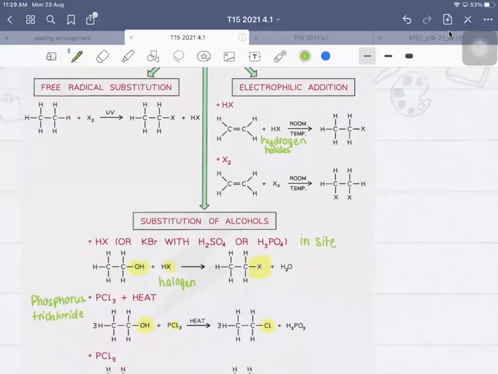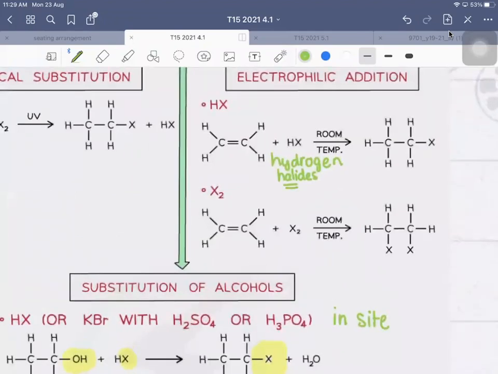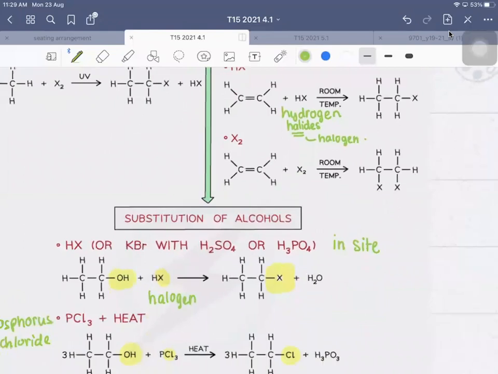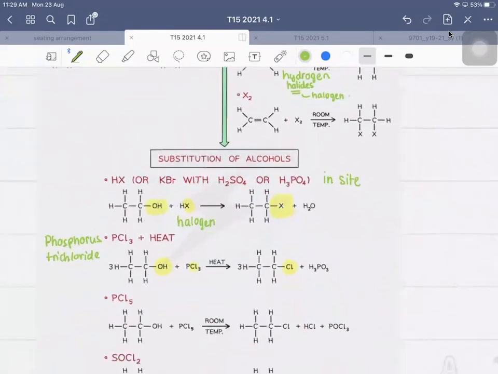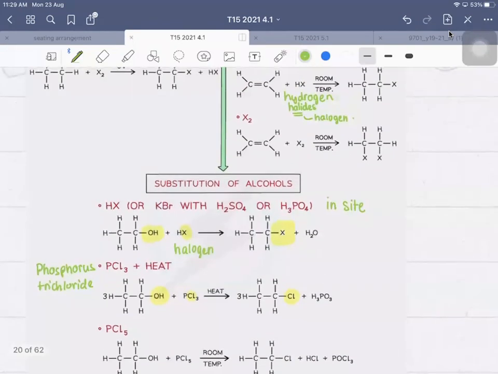So the halides is actually for halogens. That's my mistake. Thank you for correcting me. Okay, moving on. Please change that. It should be hydrogen halides. And the halides is for the halogens, not the hydrogen.